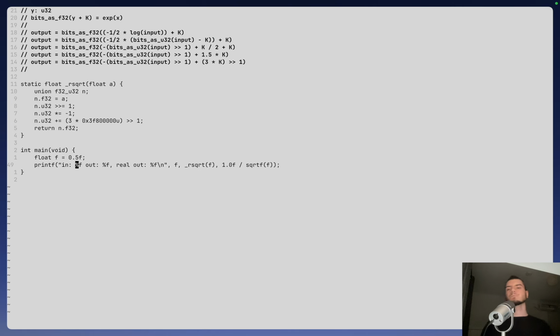So this comes back to what we were exploring earlier, where interpreting the bits of a float as an unsigned integer looks something like a logarithm, but it's not quite a logarithm.